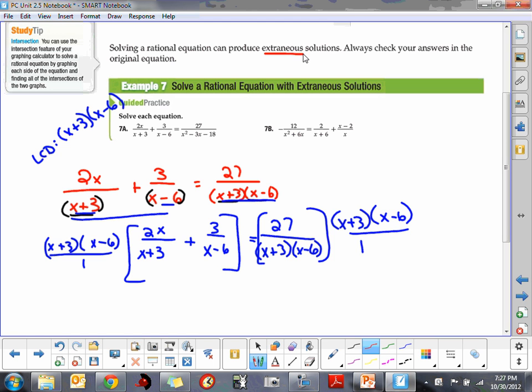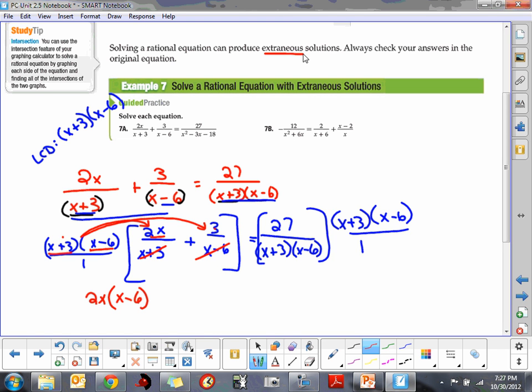So what you're going to need to do is distribute this product to the first term. And when you do so, the x plus 3 will cancel out with that x plus 3. So all that I'm going to have to multiply together is the 2x and the x minus 6. So it's going to be 2x times x minus 6. When I distribute to the second term inside of our binomial, this time the x minus 6 is going to cancel out with that x minus 6, and what we're multiplying together is the 3 and the x plus 3.